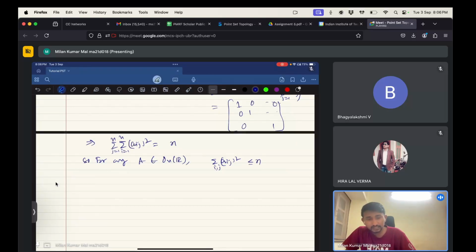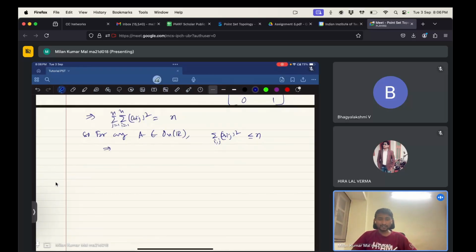That means this is a bounded set, in the matrix sense; this is the norm. So ONR is bounded. Just as if I take an element in Rn, a1, a2, up to an, the norm or length is the square root of the summation of ai squared.